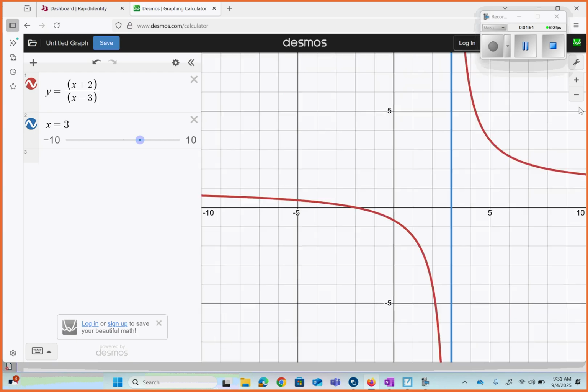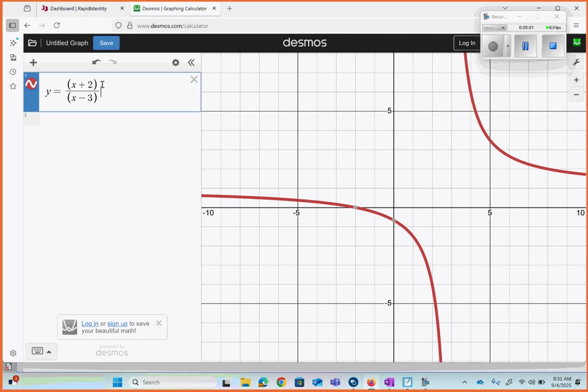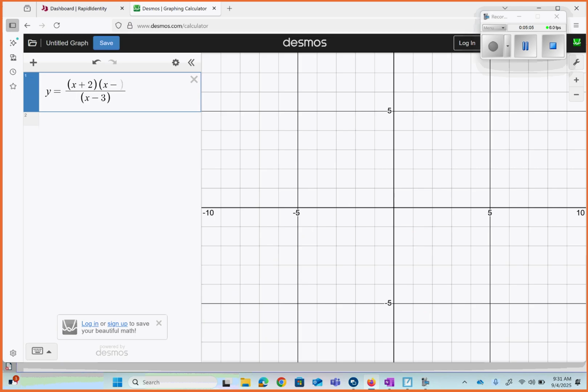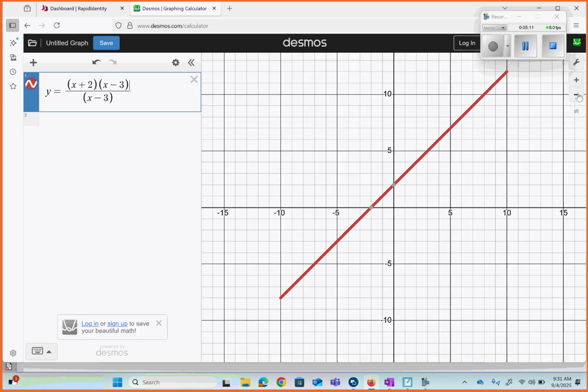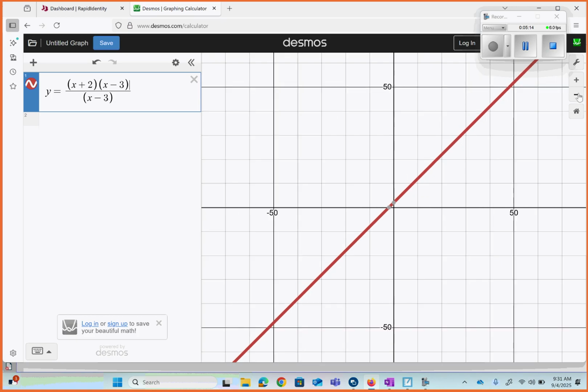So let's make it look like a hole. I'm going to go back to my numerator, and I'm going to type in x minus 3. Does everyone feel comfortable that this is a straight line? It appears to be a straight line. Agree?